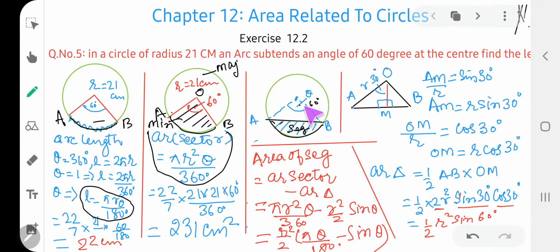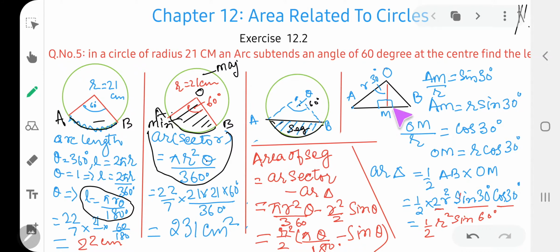You need to find out the area of this triangle. To understand it better, I have plotted this triangle here. This is the triangle OAB. So children, you know that the area of the triangle is half base into height. So for this I need the base of this triangle and I need the height of this triangle.